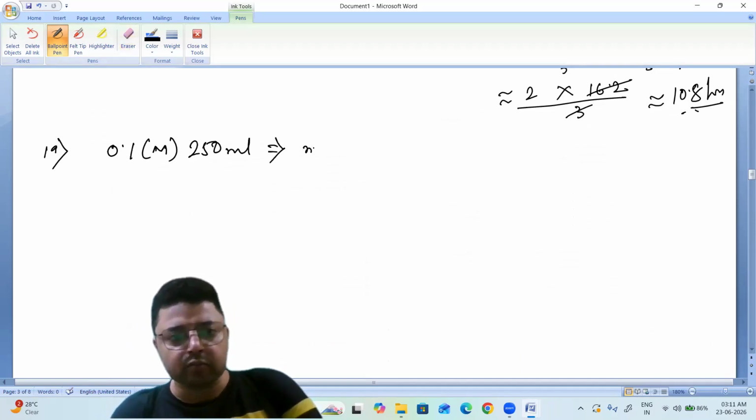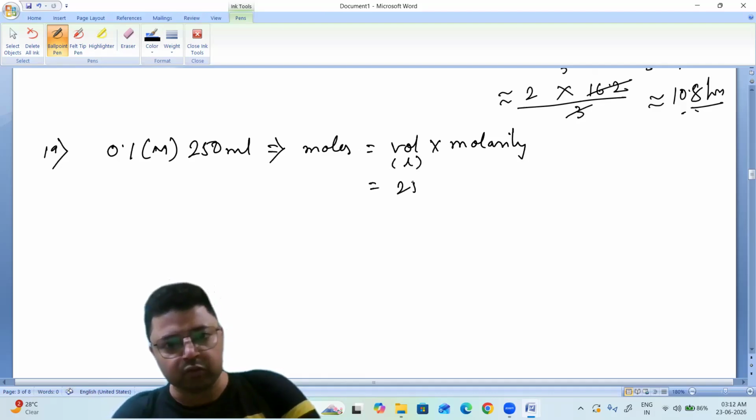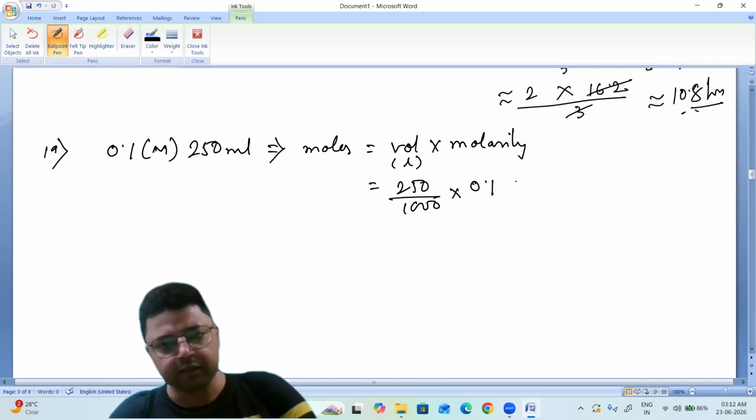This implies moles is equal to volume times molarity, with volume in liters. It will be 250 by 1000 times 0.1. So this is your number of moles.